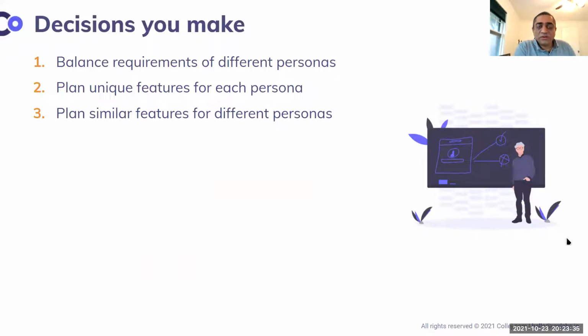Right. So the decisions that you have to make as a designer is, one, balance the requirements of the different personas. And this is interesting. So that was one other mistake in the previous example, right? In both of those cases, what people did was they just simply gave one persona, right?